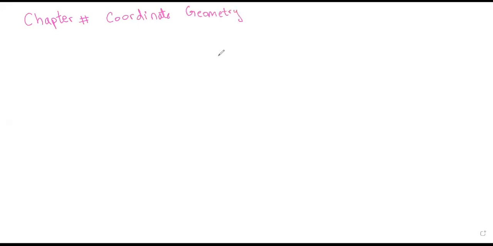Now in coordinate geometry, we have different types of things and it is easy. It's all about formulas and understanding. So let's get started. It is the 27th chapter, coordinate geometry. Okay, now first you need to understand a few things.